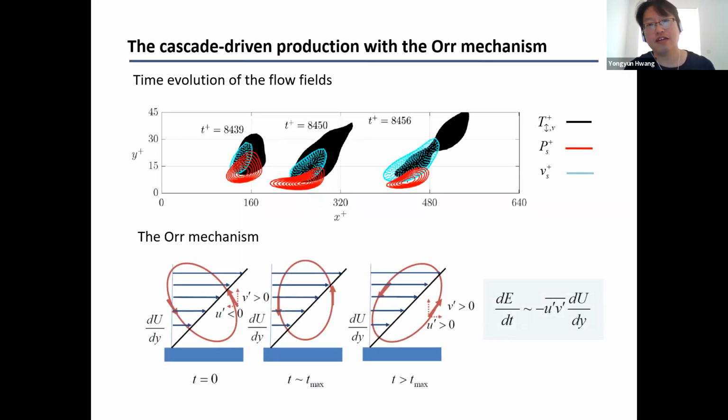So what is happening is that the cascade generates a localized structure, and then the Orr mechanism, which is related to the tilting downstream of the vertical structure, gives you the transient amplification of the kinetic energy. That is the way that small scale production is enhanced by the energy cascade, and obviously the exact coherent state does not have that particular process.